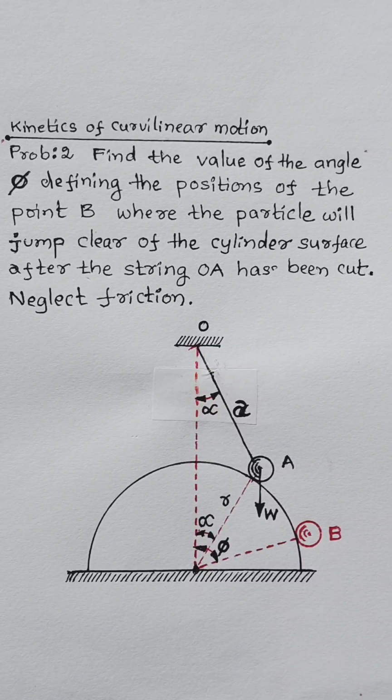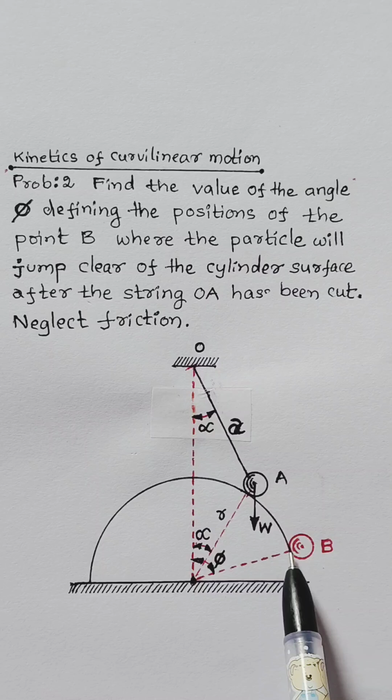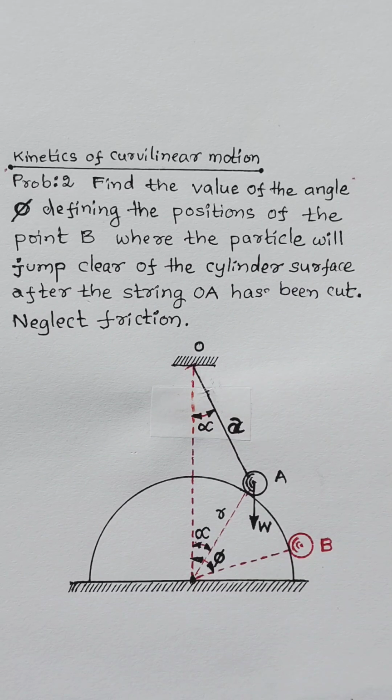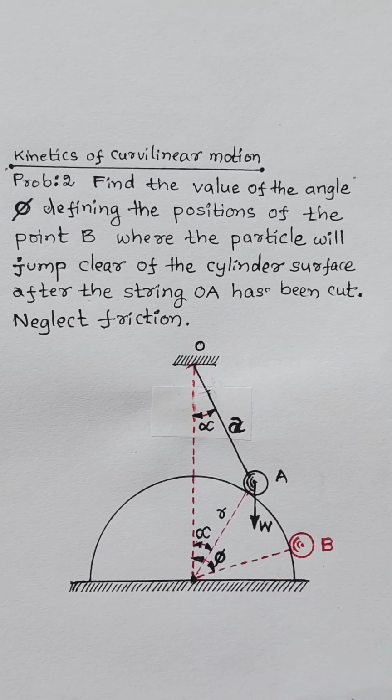The direction of normal acceleration is towards the center of the cylindrical surface. Normal acceleration of the particle is directed in this direction. Tangential acceleration is directed in this direction.